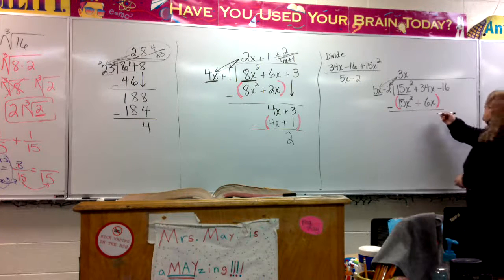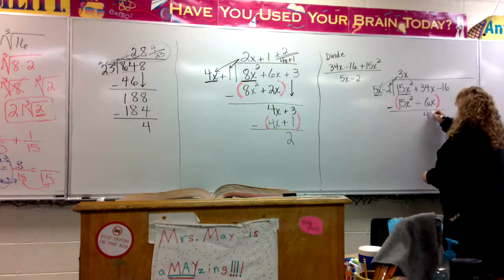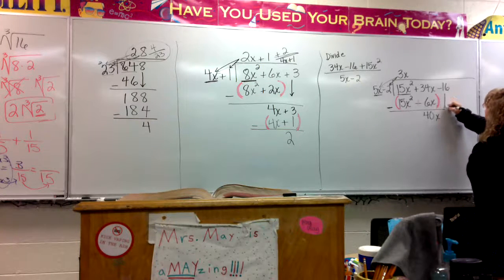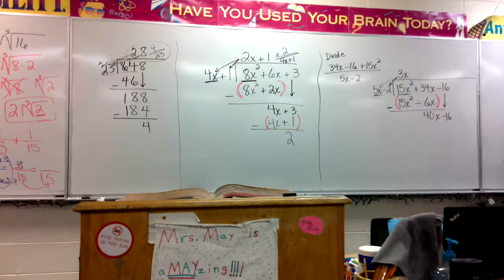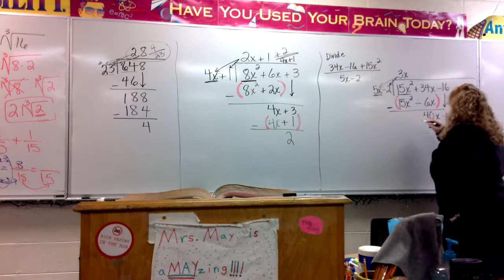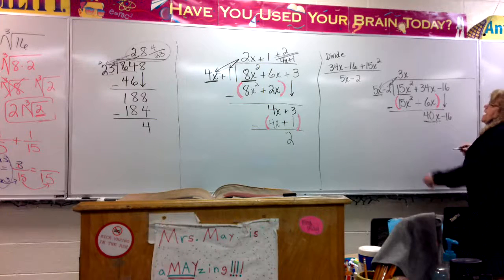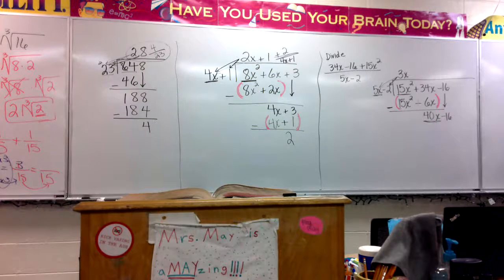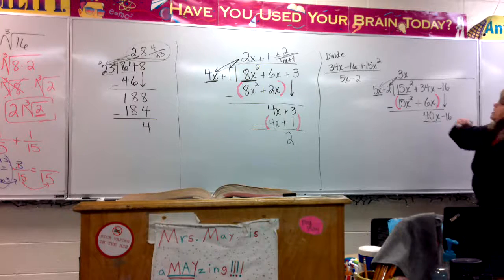And so what will that be? 40x? I think it's like 34x plus 6x, 40x. Now we're going to bring down the negative 16 and start all over again. Right? 5x times what is 40x? 5 times what is 40? 8. Positive, right? Positive 8.